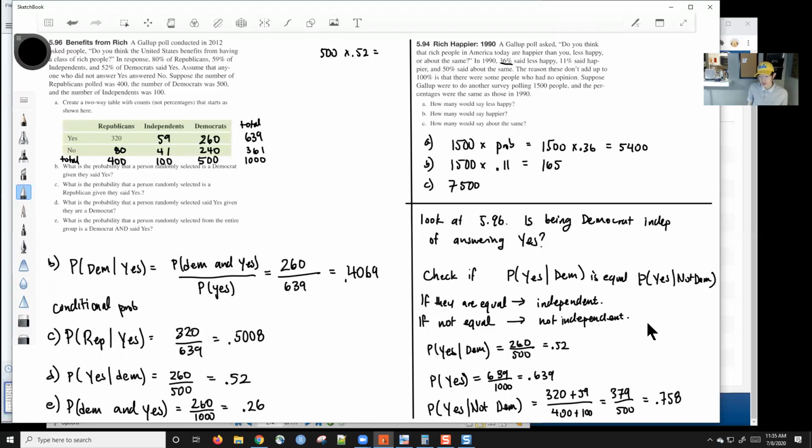Okay, and so these are not equal. These things are not equal, which means they are not independent.